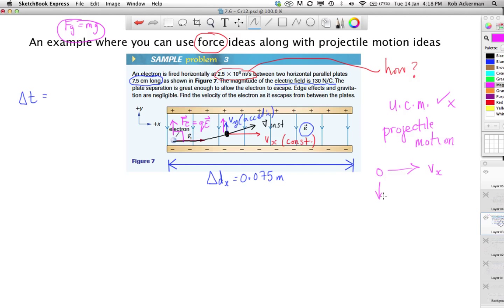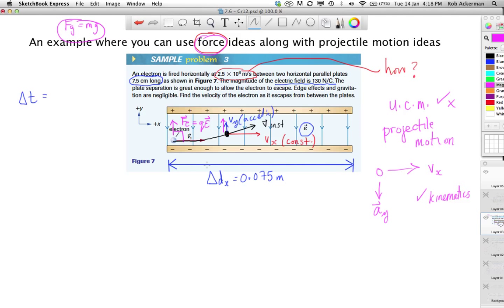Due to the force of gravity, there was acceleration in the y direction, and we did our projectile motion. This is a constant force because of the nature of parallel plates, and therefore we are able to use kinematics. So this is another example where force is an option.